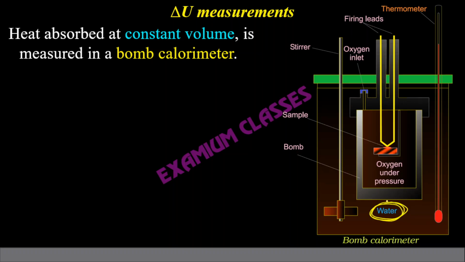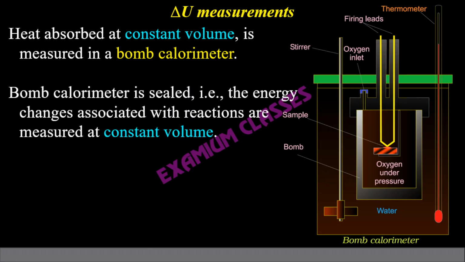Depending on the amount of water and the temperature of water, we can calculate how much heat is transferred from water or to the water. That heat is at constant volume, so that will give us delta U. So heat transferred either to water or from water to the system can be measured at constant volume, that will be delta U.